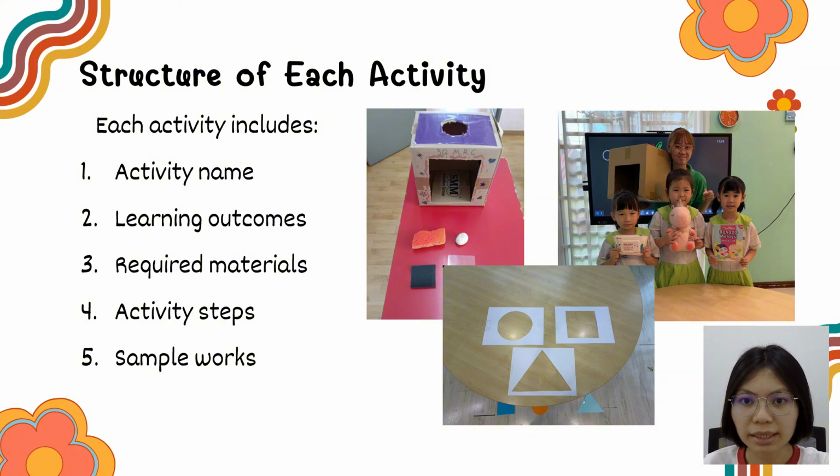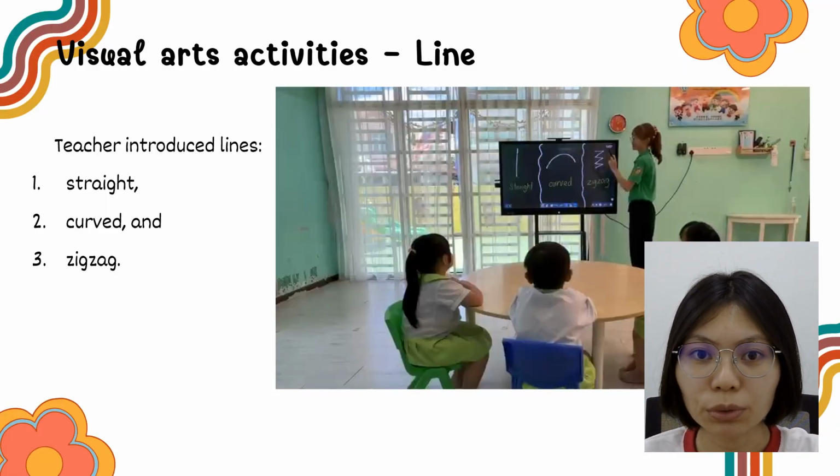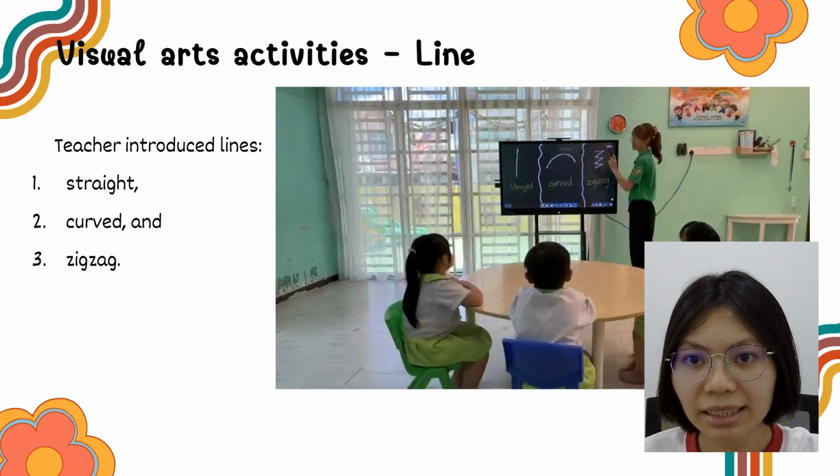Through these activities, children not only improve their art perception but also develop fine motor skills, spatial awareness, language expression, and self-confidence. The first activity that we will carry out is line. The teacher will show the children what a line is, including straight lines, curved lines, and zigzag lines.